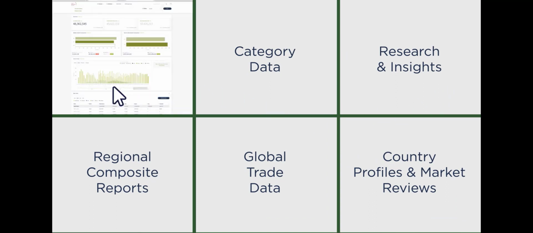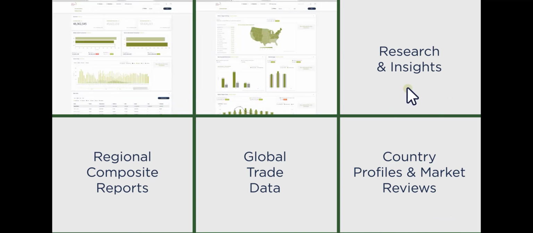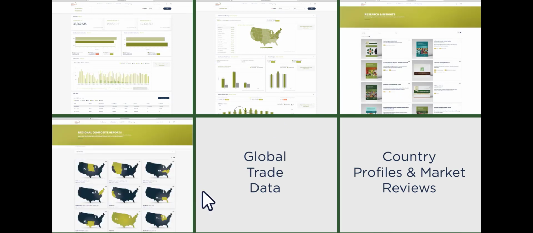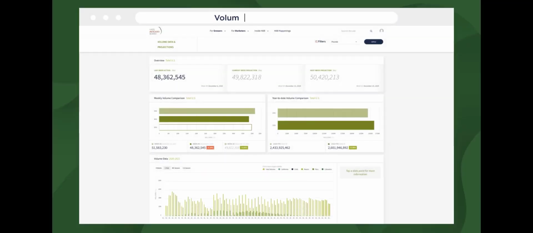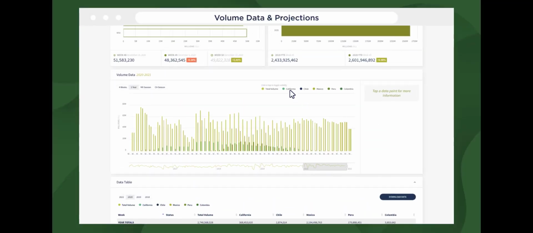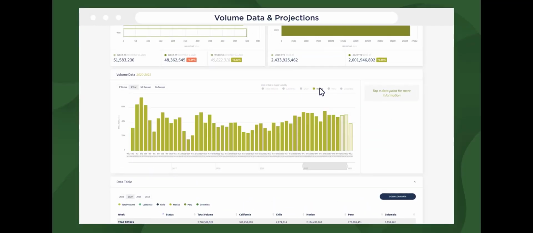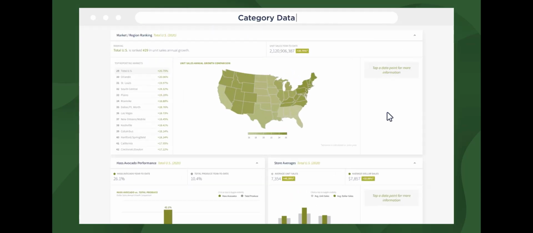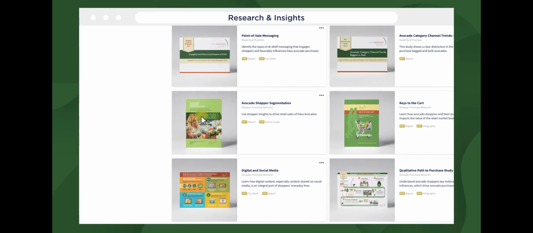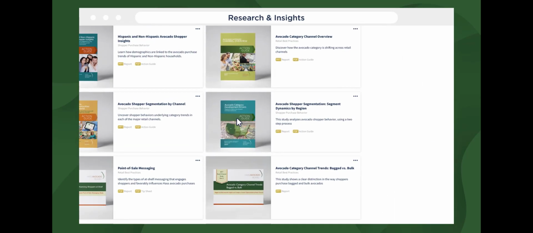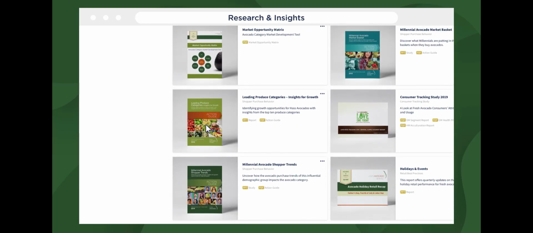HAB provides the industry's only source of consolidated data and tools. Each is designed to make stakeholders like you more knowledgeable. Tools and resources include important volume data and projections by country of origin, as well as category data from IRI. We offer research and insights that allow you to discover retail landscape, shopper purchase behavior, trends, and performance drivers.